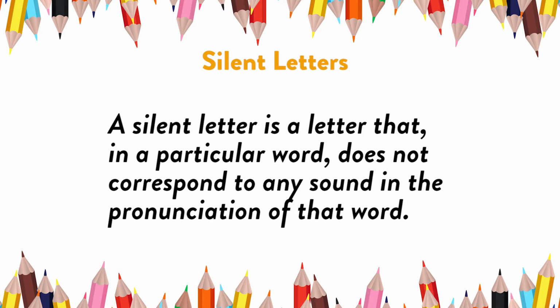A silent letter is a letter that in a particular word does not correspond to any sound in the pronunciation of that word. So we now know that some words are made up of letters that are seen but not heard when the word is spoken. These letters are called silent letters.